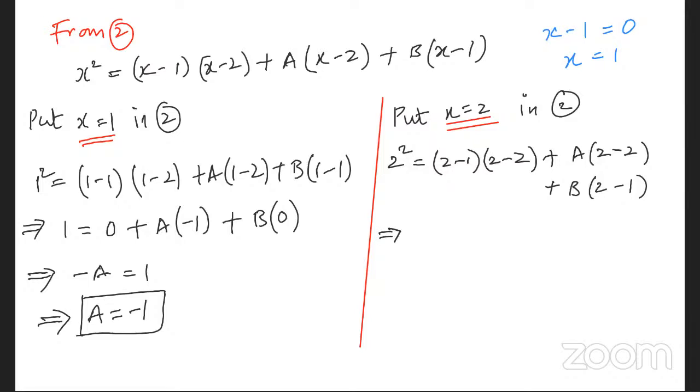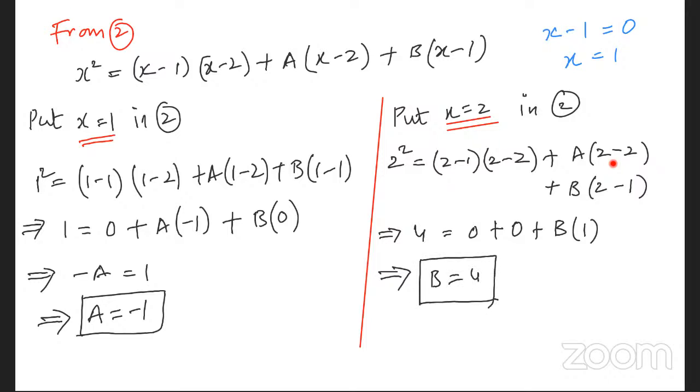So this implies 2 square is 4, and on the RHS 2 minus 2 is 0, plus 0, plus b into (2 minus 1), which is 1. So what are we getting? b is equal to 4. We got the values of a and b.